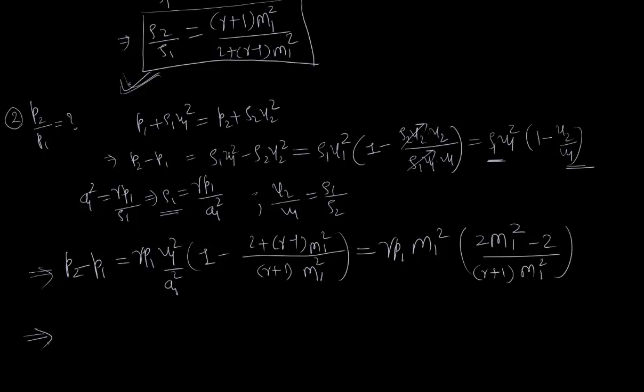Now take this P1 on the left side, so we will get P2 minus P1 by P1 equals 2 gamma divided by gamma plus 1 into M1 square minus 1. Remember this equation.